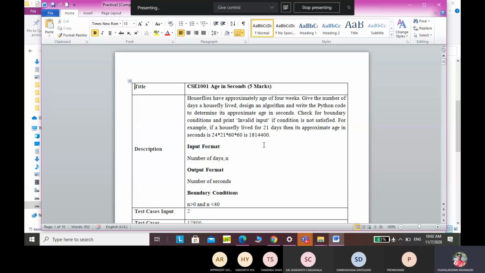Here, what is the input we are giving? The number of days. So that number of days should not be less than 0 and should not be greater than 40. Less than 0 means you should not give any negative value, and you should not use a value more than 40.